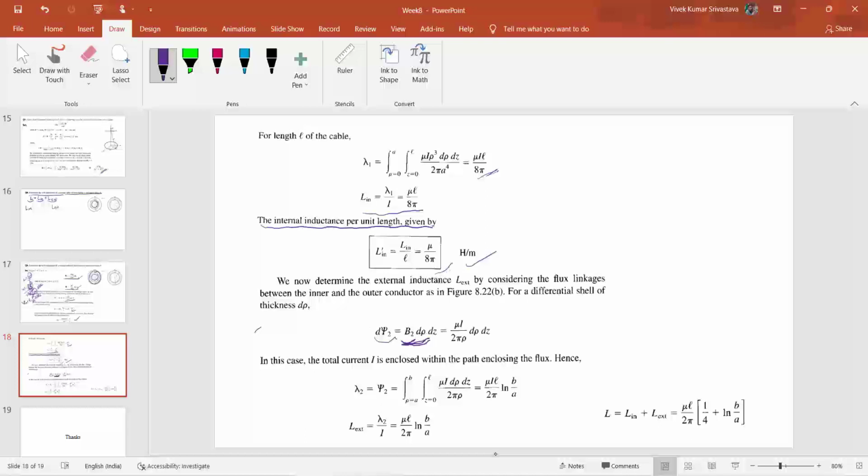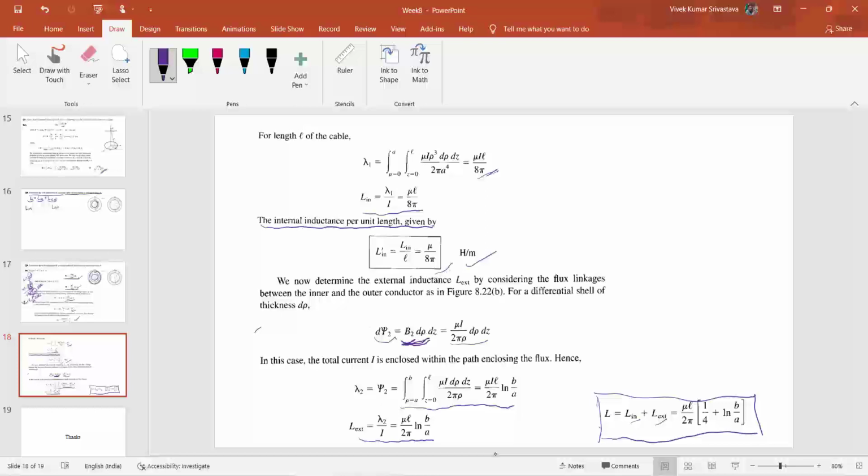Now you integrate this flux. After that the expression you will obtain is mu l over 2 pi ln b by a. Then you just sum up these two inductances, the internal inductance and the external inductance, for determining the overall inductance of the coaxial cable.